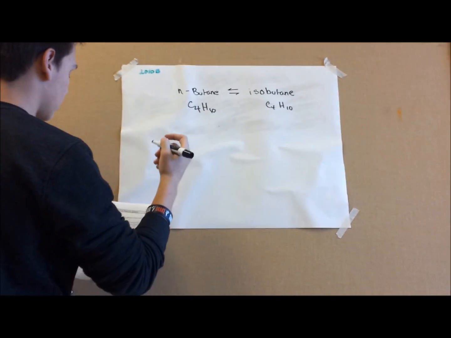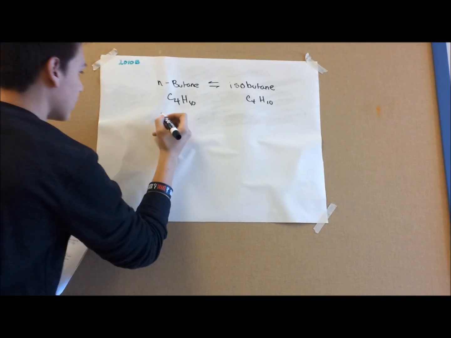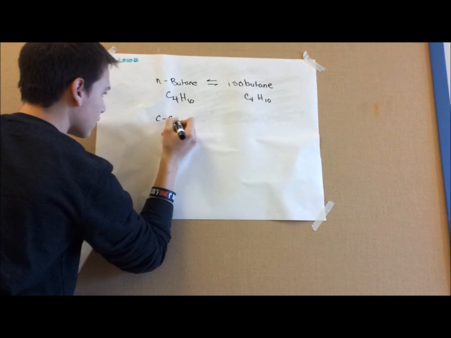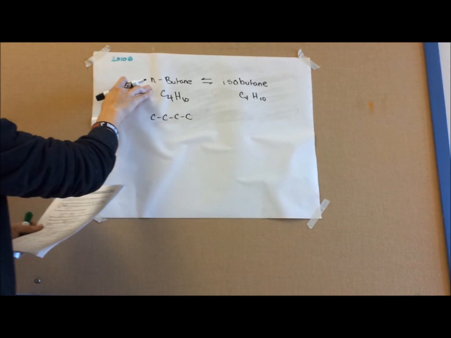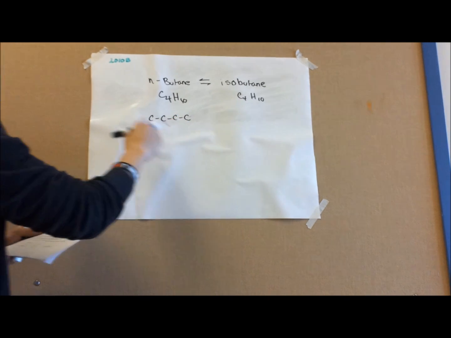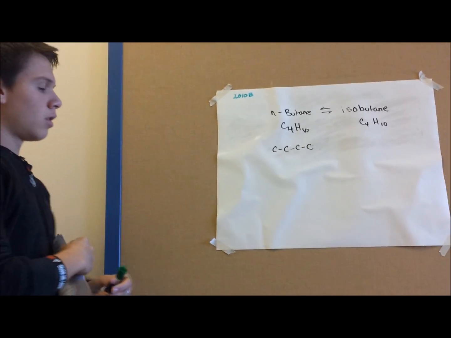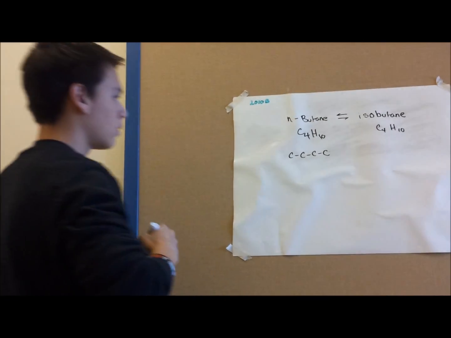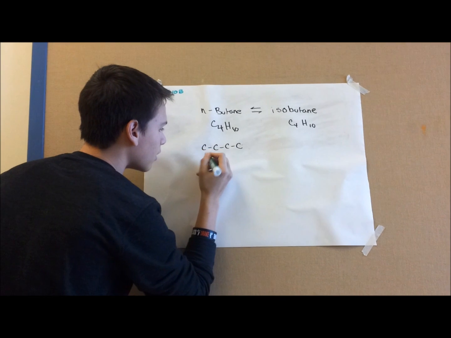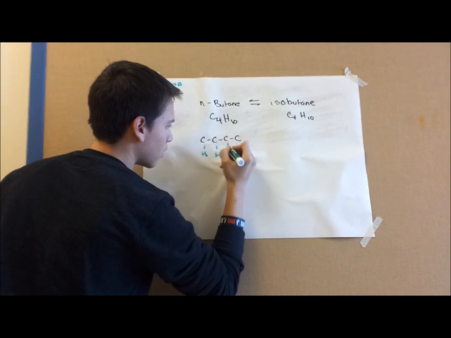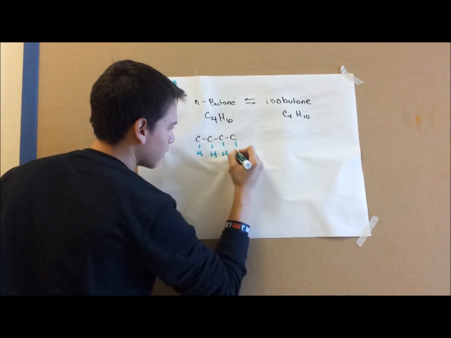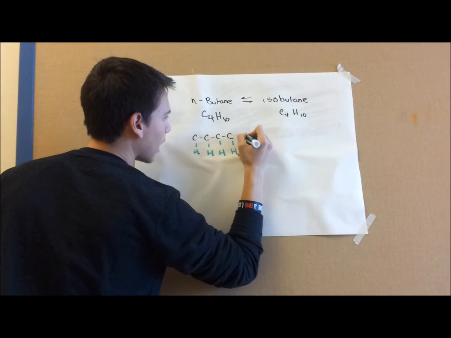So the backbone for N-butane is C, and since it has N, it's going to be a straight chain. Then we have the hydrogen on each piece of the backbone.